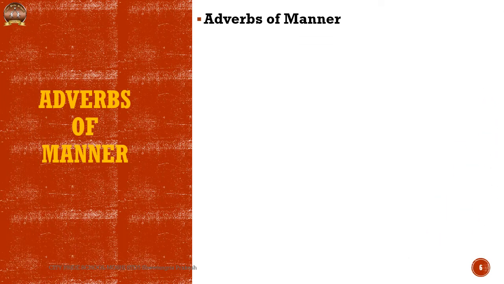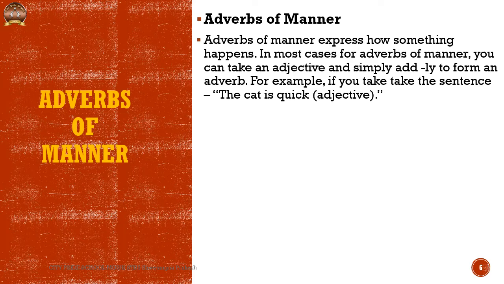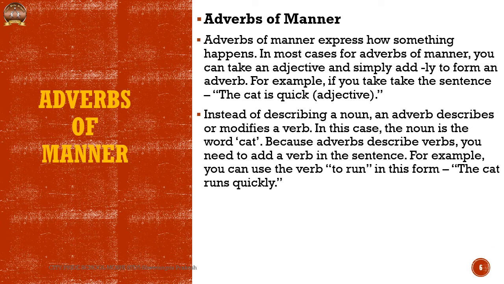Adverb of manner. The adverbs that answer the question how something happens. In most cases of adverbs of manner, you can take an adjective and simply add ly to form it. Adverb formation also is a topic that we will learn in this lesson. For example, the cat is quick.